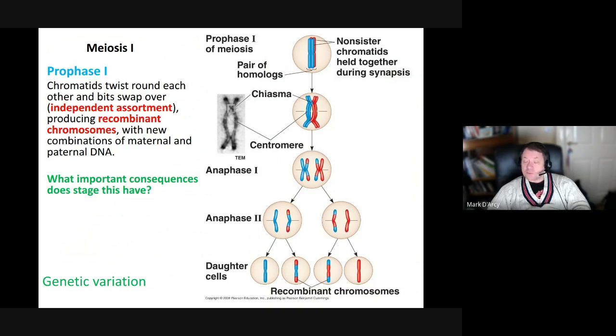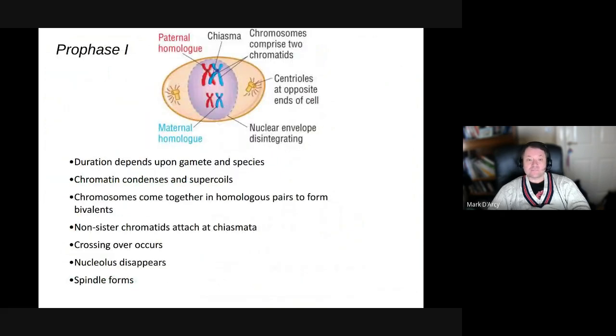Each one will only have one copy of each chromosome, but a unique variant made from the original chromosomes recombining. So there will be different combinations of alleles in these gametes.